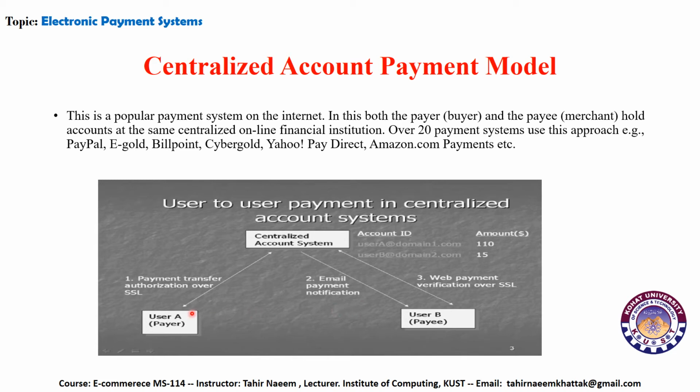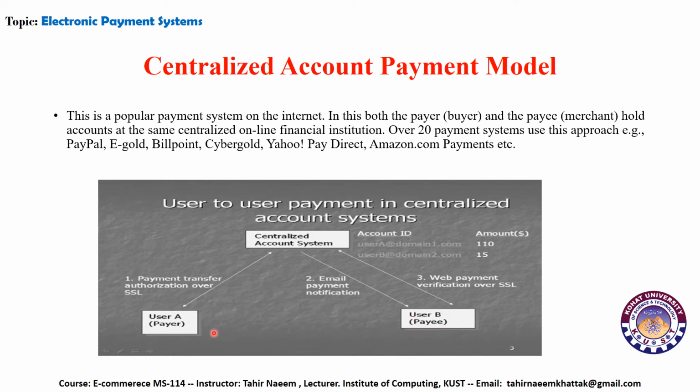First of all, he must have an account with the centralized account system. Like in the case of PayPal, we must have a PayPal account ID. So whenever I want to transfer some money, I will go to this account ID and then I will transfer money to the other user having a PayPal account.